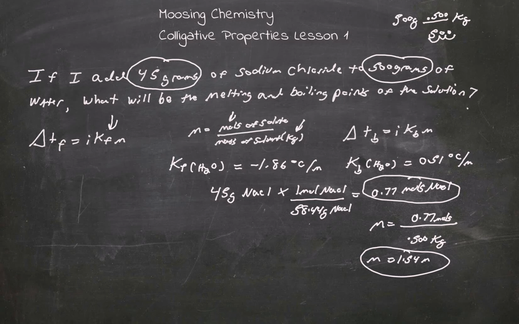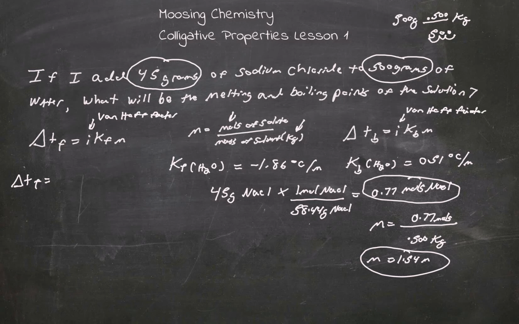All right, so let's get rid of those arrows real quickly. And now let's do the freezing point depression first. So we go delta TF equals, oh look, that i. This also has an i. That's called the van't Hoff factor. And it only works with ionic compounds. So in other words, when an ionic compound like sodium chloride gets into H2O, it dissolves into sodium ions and chloride ions, right?